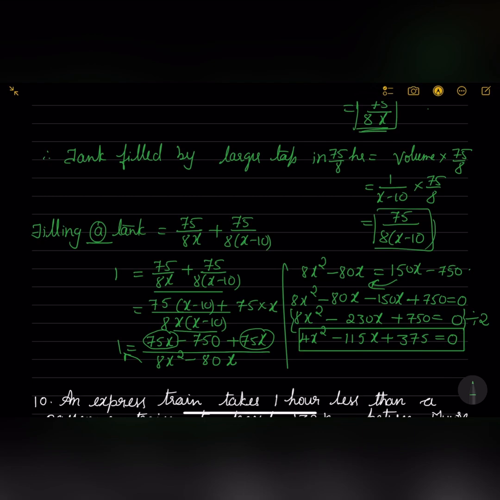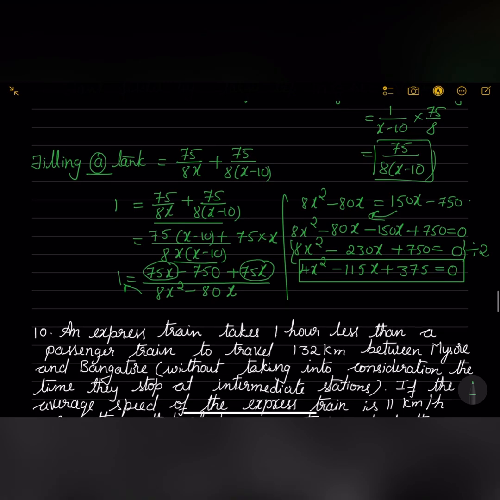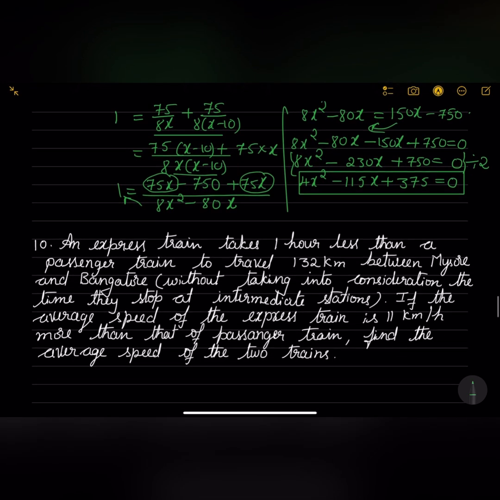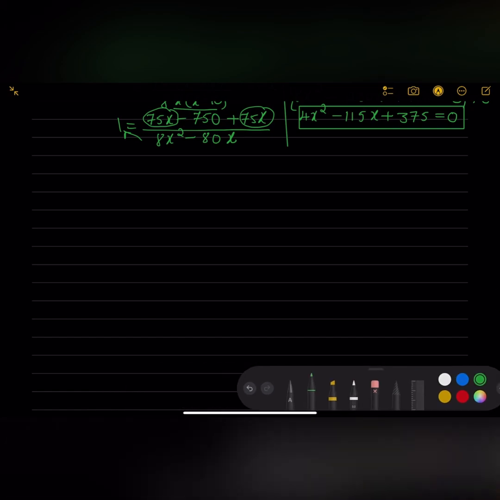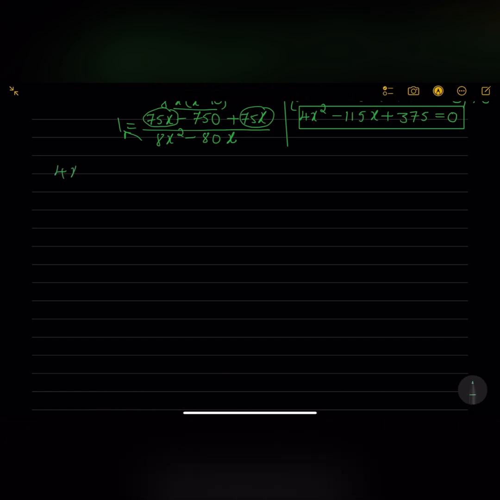And for this, if we solve, we can split the middle term, or we can use quadratic formula. Anything is fine. 4x square minus 115x plus 375 equal to 0. And if we multiply the last two terms, we are going to get 1500x square. And if we add or subtract, we should get 115x.